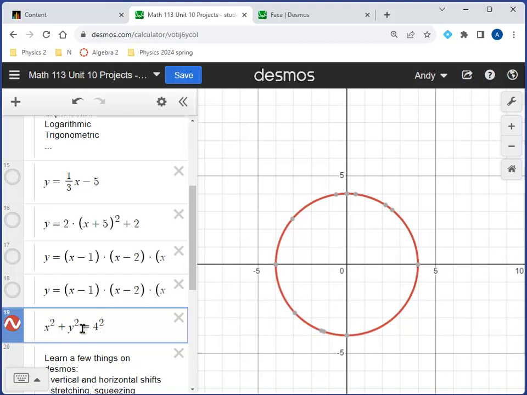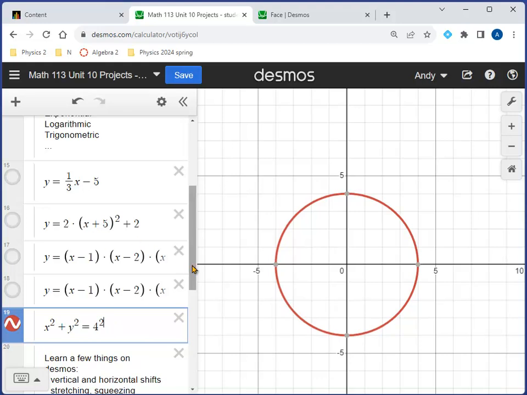Not only have I the y on the same side as the x, but it's also a square, and that then gives me the circle, which is different from the polynomials, so it's written differently. Over here, I could have just written 16, but this is easier to see when I write 4 squared. Notice 4 is the radius, right? And I can see it right away. If I wrote 16, which would be the same curve, by the way, there it is, right? It's just a little harder to see, so I'm just going to write 4 squared.